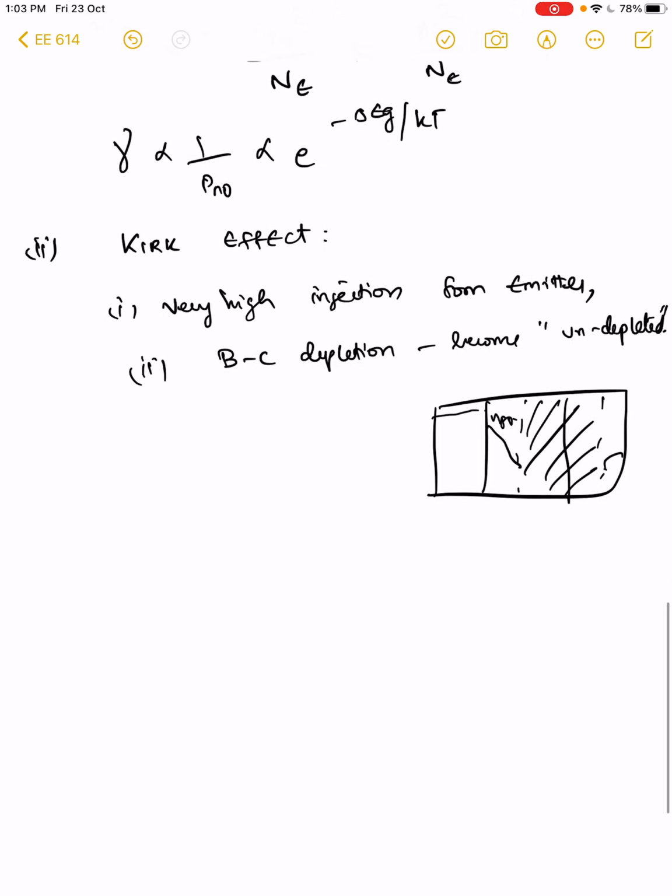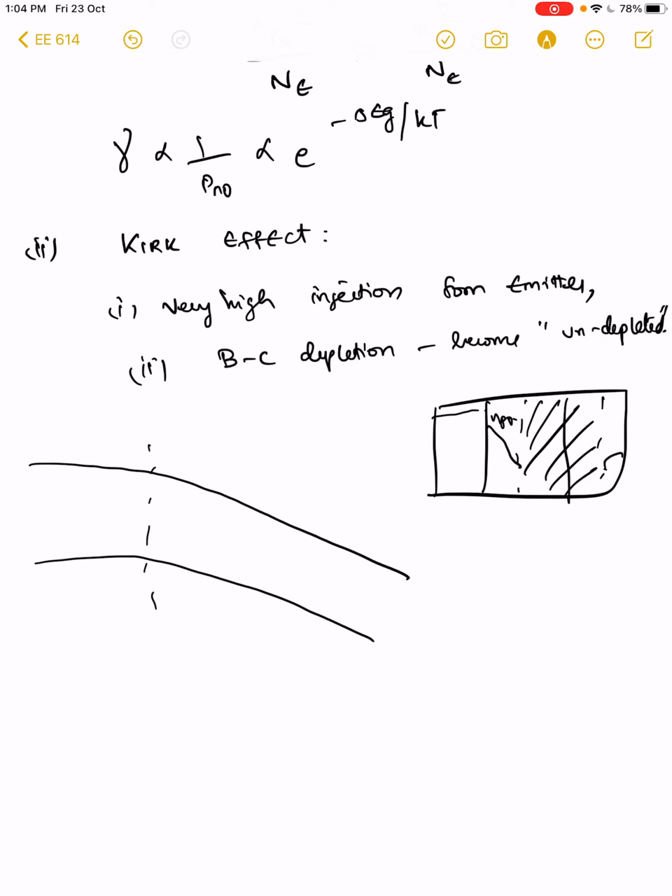So if I draw the band diagram at very high injection, I do not have the small barrier in the emitter base junction, because the emitter side is so forward biased that you do not have any barrier there. And on the collector side, I have a collector contact which is N++.